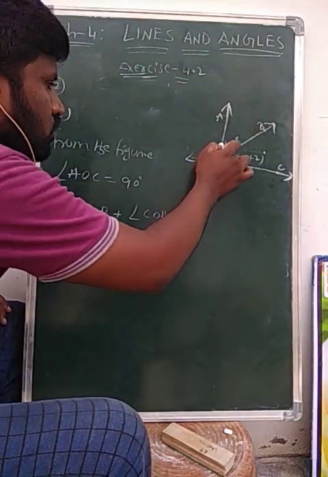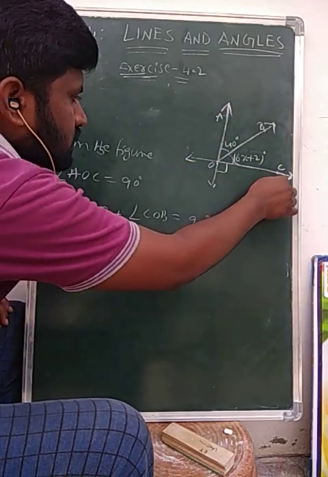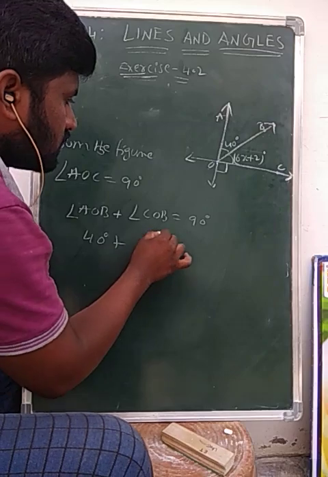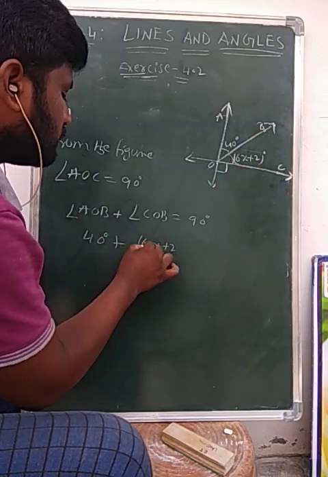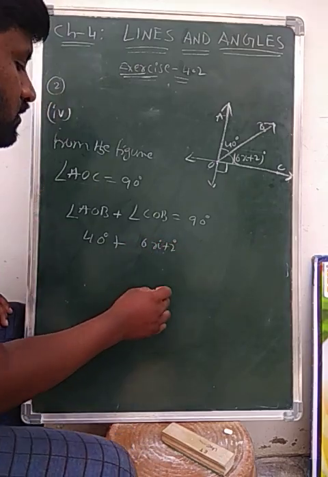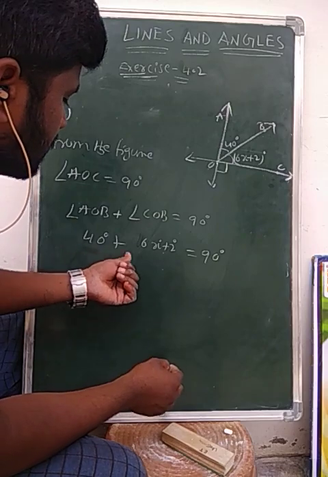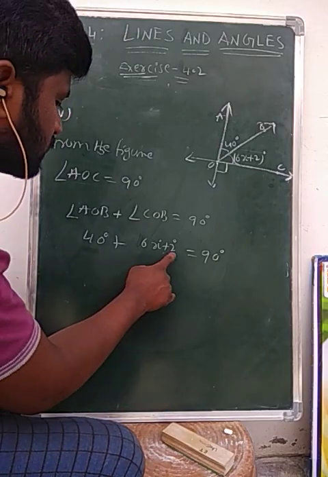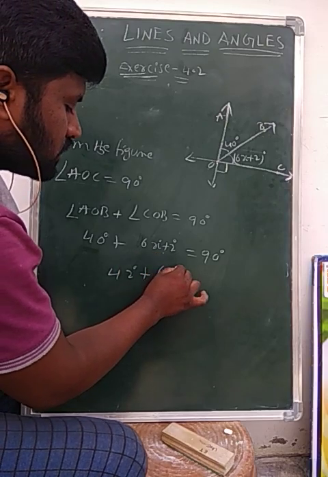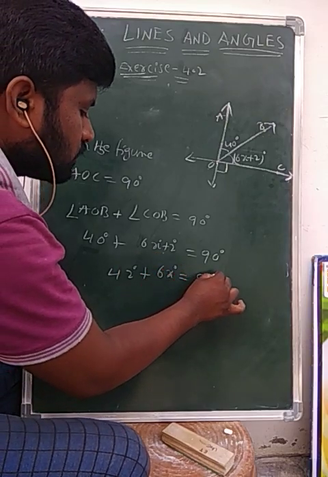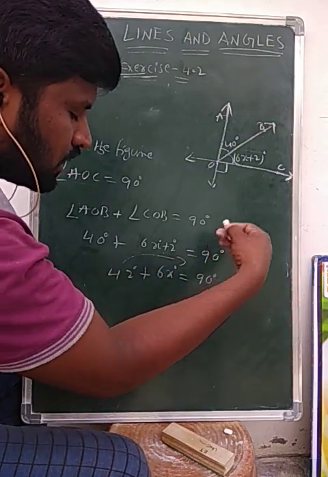Angle AOB, that is given 40 degrees, plus angle COB, that is given 6x plus 2 degrees, now this equals 90 degrees. By adding 40 degrees and 2 degrees, that is 42 degrees, plus 6x degrees is equal to 90 degrees. 42 degrees is transposing to the RHS side.